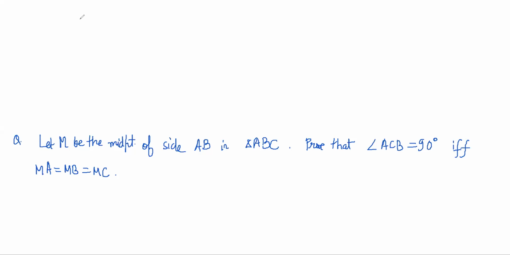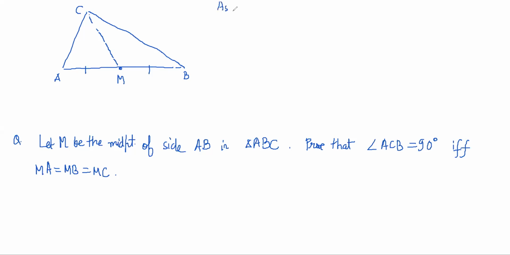So let's say we have a triangle A, B, C, and this is the midpoint M. So what we have to do is, this is half, half.